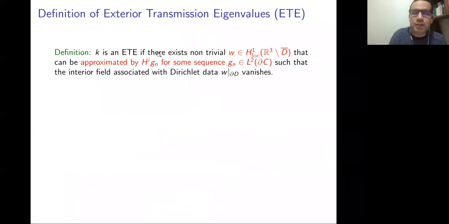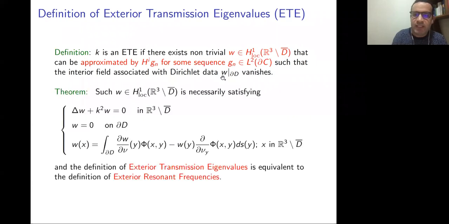The exterior transmission eigenvalues are the values for which you can build a sequence that converges to some w outside the domain D, for which if you solve the interior problem with this data w, you obtain 0. In fact, this means that w should also be 0 at the boundary of D. That's why the Dirichlet problem is kind of trivial in here.